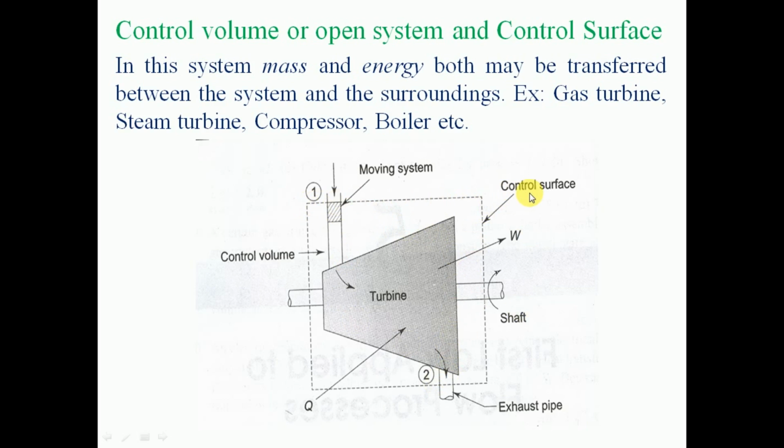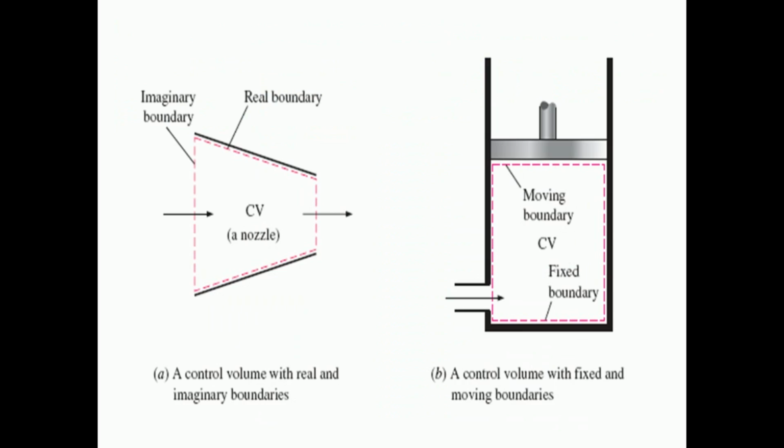By this way we can define the control volume and the control surface for some of the thermodynamic systems where the mass is continuously flowing for the conversion of the energy. Here some other examples with respect to the control volume and the control surface are taken. There the imaginary and moving boundaries are considered.